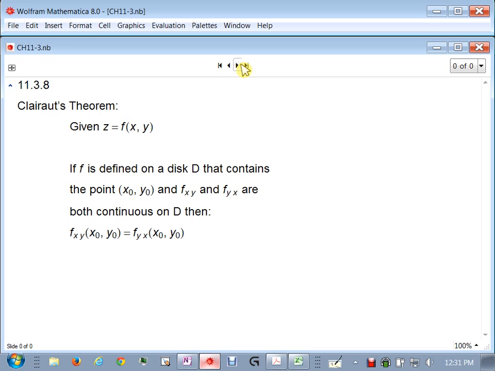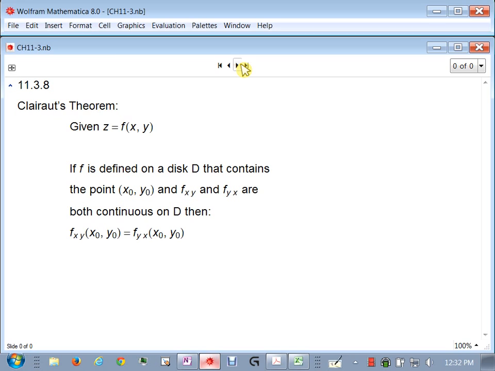Clairaut's Theorem. Given z is a function of 2 variables, if f is defined on a disk that contains the point x naught, y naught, and these two second partials are continuous, then this will be true. What does it mean that f is defined on a disk that contains the point? A point is just a point in the domain, and a disk is some arbitrary disk that encloses that point. That disk can have arbitrarily small radius.